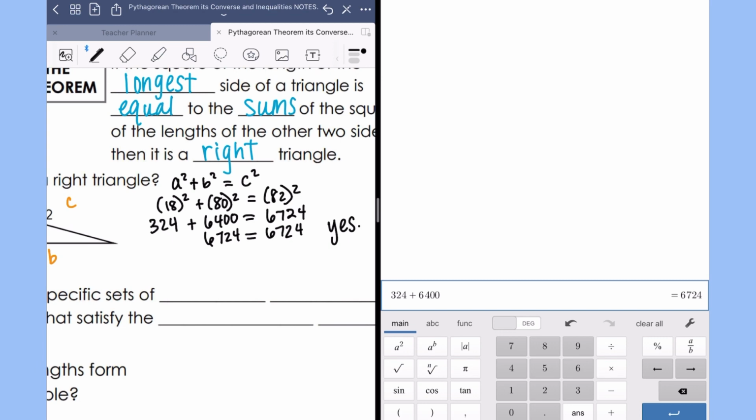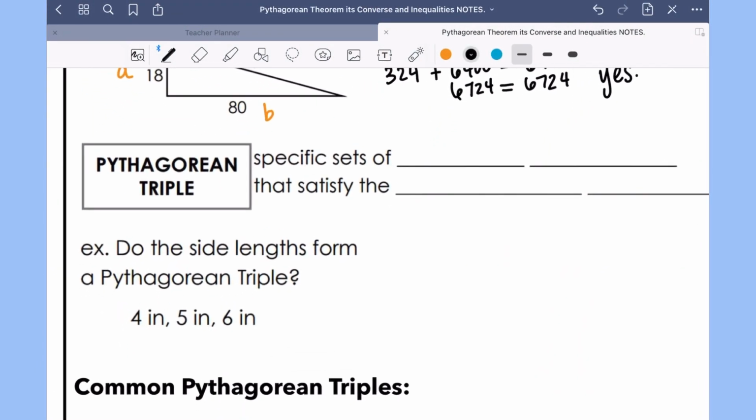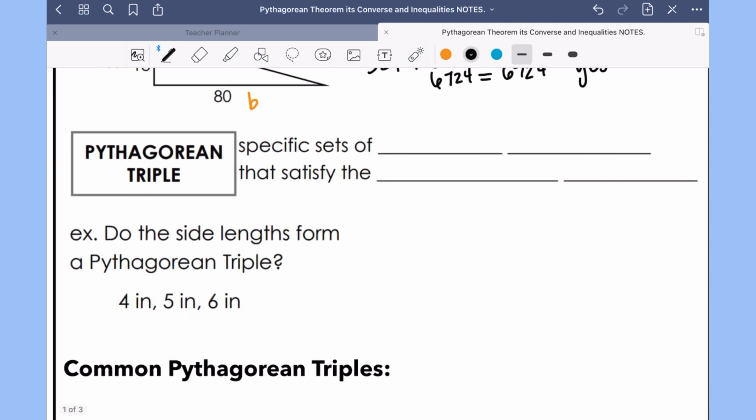Okay. Now, there are going to be a lot of scenarios where you will be asked to verify if it's a right triangle or not. So you would just do the same thing. But let's move on to our next vocabulary word, which is a Pythagorean triple.